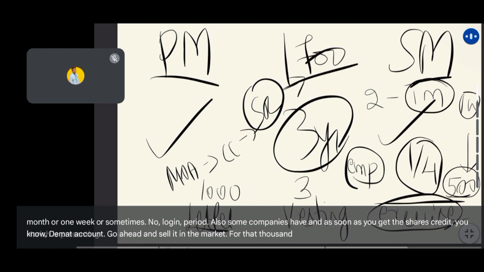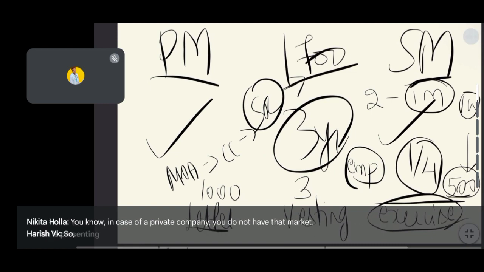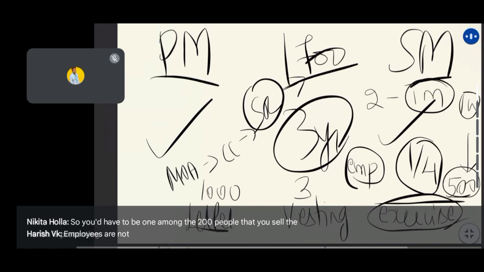No, in case of a private company, you do not have that market, essentially. So you have to find an investor to sell it to. So it has to be one among the 200 people that you sell the... Employees are not counted amongst 200. That is why.